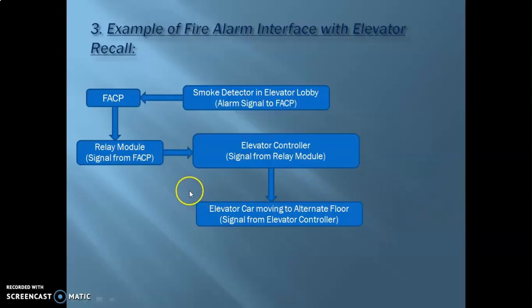Basically what happens is that if the elevator is on the same floor as that of the fire, then the smoke detector will detect the fire and send the signal to the FACP, thereby causing the elevator recall function to take place, and the elevator car will move down to the alternate floor, so that the firefighters can gain access to the elevator car and thereby reach the floor where the fire is taking place quite easily.